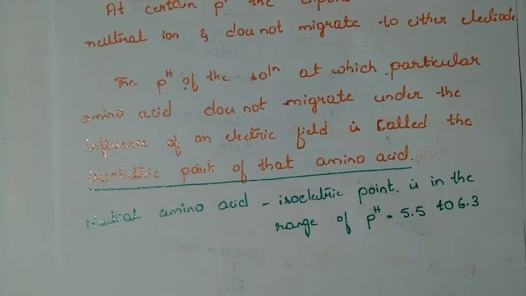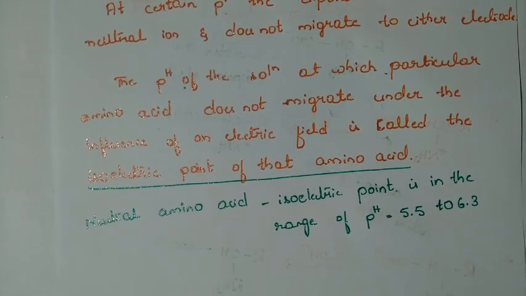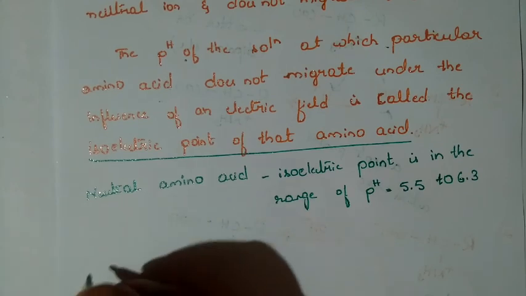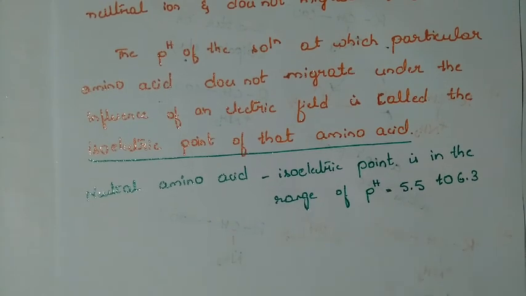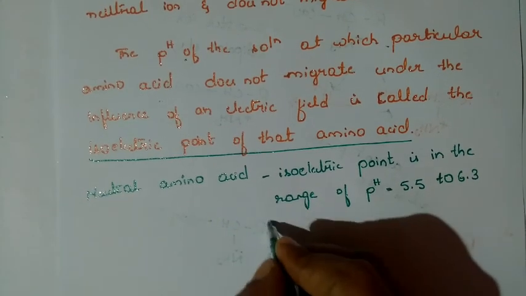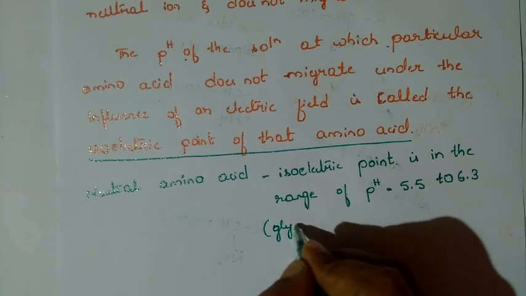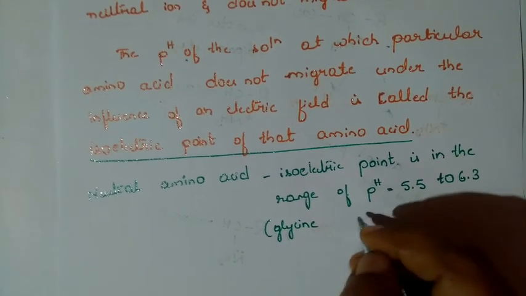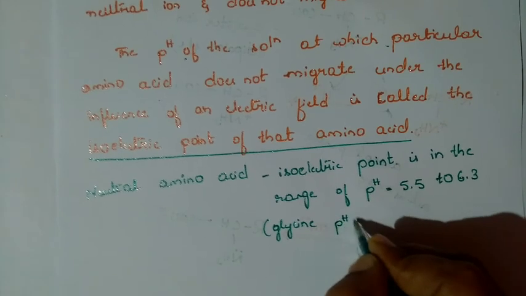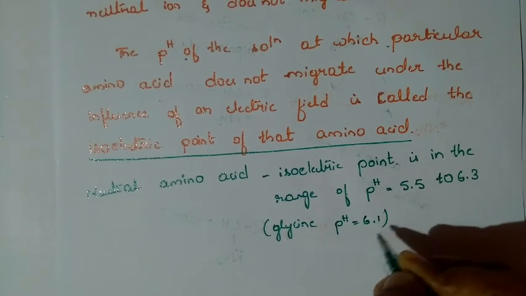This is for a neutral amino acid. We have an example also. The example for this one is glycine, where the pH of glycine is 6.1.